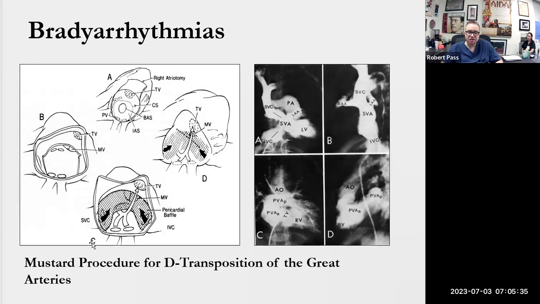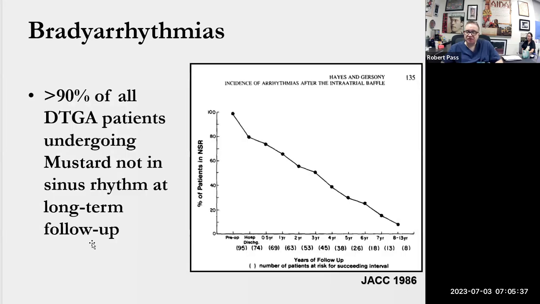And there have been many, many studies looking at this. This is one of the very first ones from nearly 40 years ago from Dr. Hayes and Dr. Gerson, both friends of mine, showing on the x-axis the number of years from the surgery, and on the y-axis the percentage of patients in normal sinus rhythm.